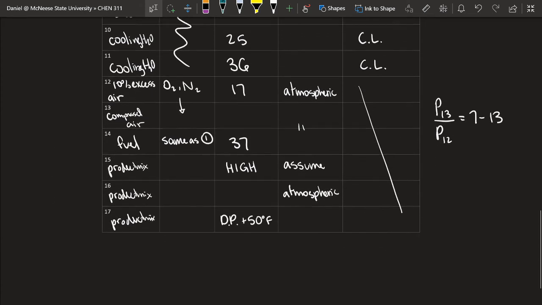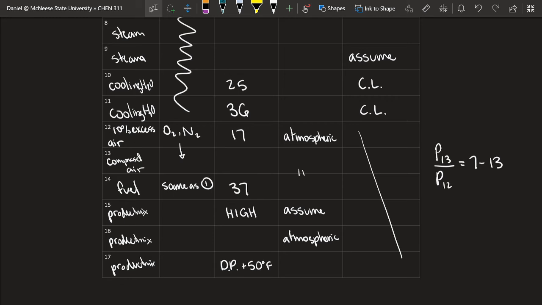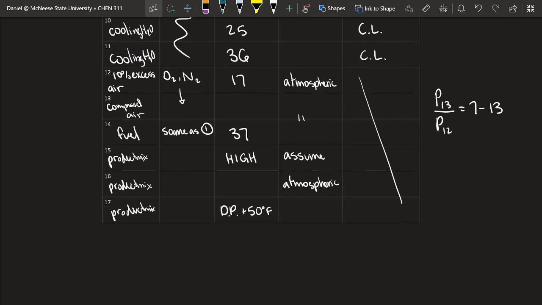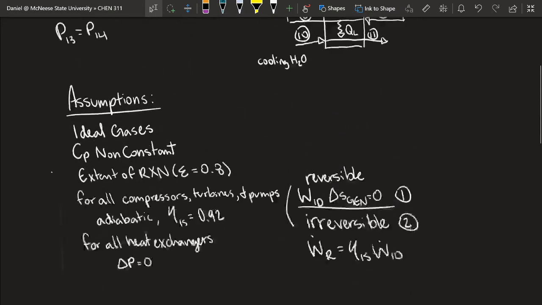You don't want to draw too much work so that the equipment breaks. You can't have too high of pressures. You're going to want a really high temperature coming out at the outlet of that Brayton cycle.